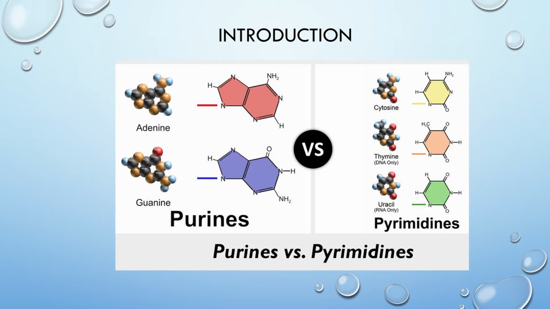The purines, that is adenine and guanine, have a two-ringed structure consisting of a 9-membered molecule with 4 nitrogen atoms. The pyrimidines, cytosine, uracil, and thymine, only have one single ring, which has just 6 members and 2 nitrogen atoms.